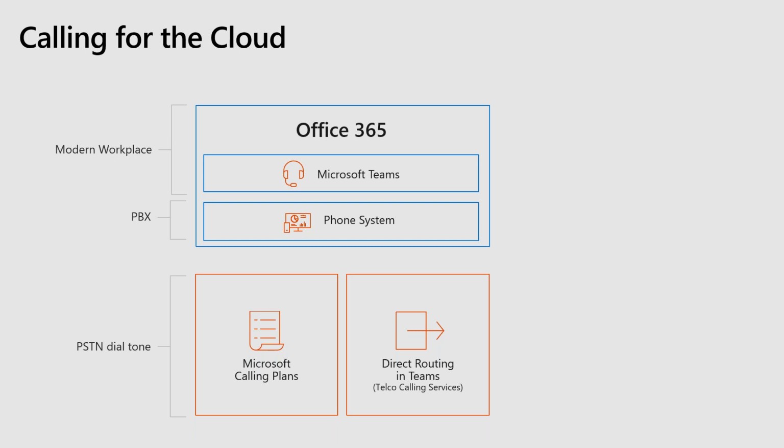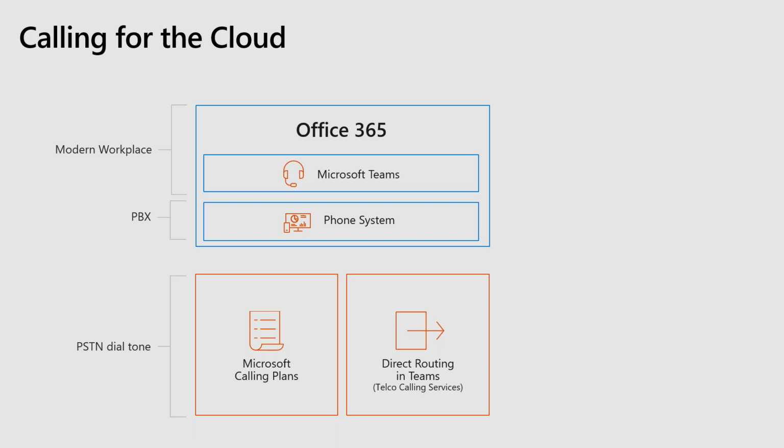So we do have the options. We have flexible choices here. The Microsoft calling plans mean that Microsoft is taking care of all the telephony, the telephone numbers, and the calling minutes. So you will be paying Microsoft for your phone numbers and calling minutes.